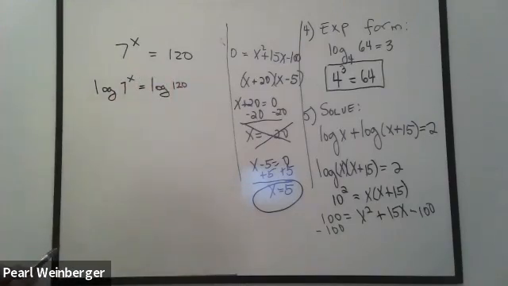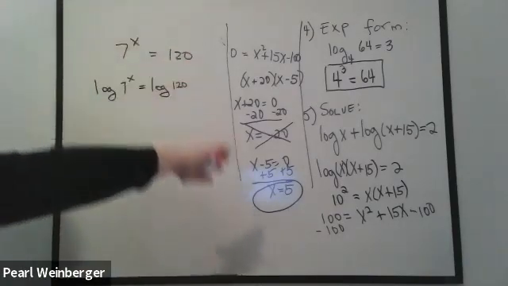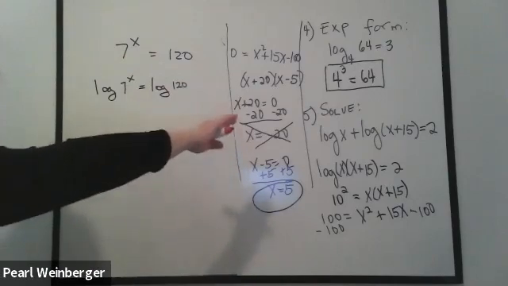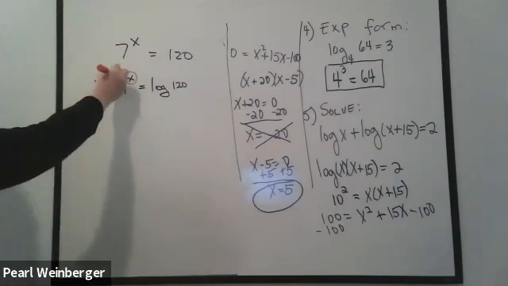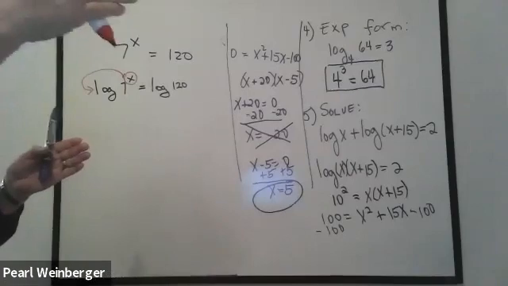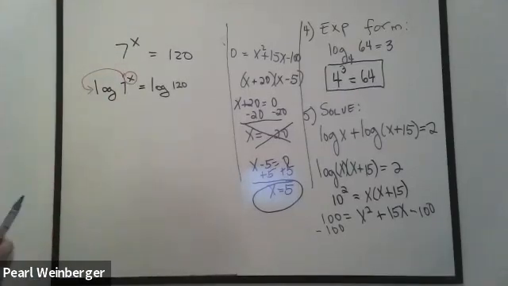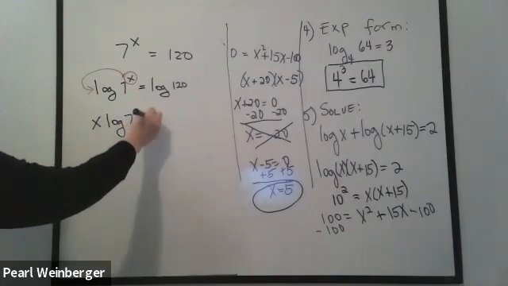And the reason we do that is because, by one of the properties of logs, when you have an exponent, the exponent actually becomes the multiplier, the coefficient. So this becomes x log 7 equals log 120.